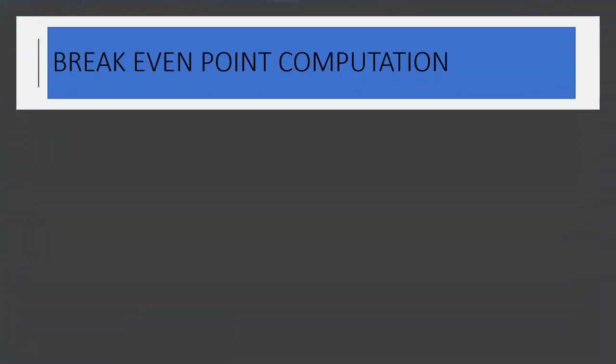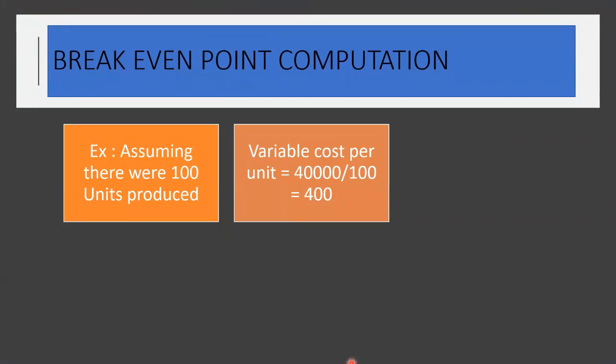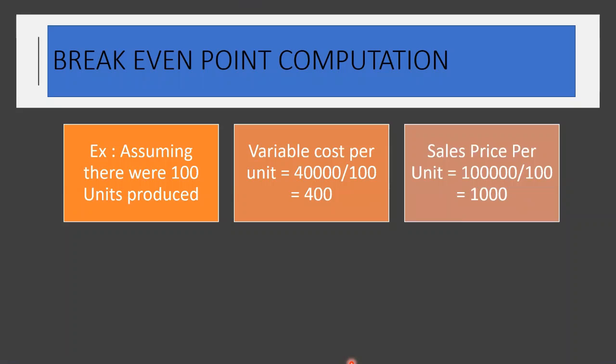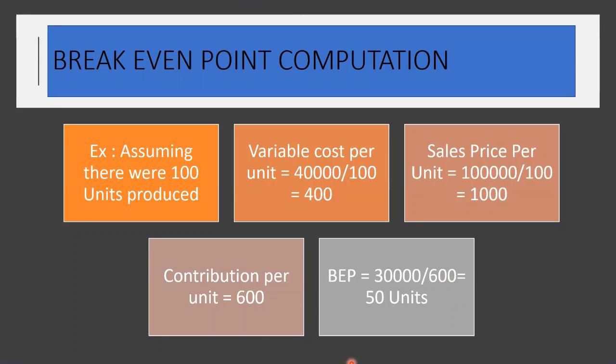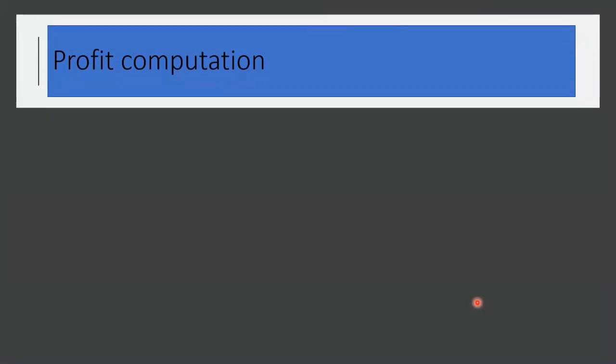We have figured it out by knowing 100 units were produced. We arrived at variable cost per unit, sales price per unit, contribution per unit, and then BEP units. BEP units into sales price is equal to BEP sales. So that comes to the same 50,000 that we arrived at.